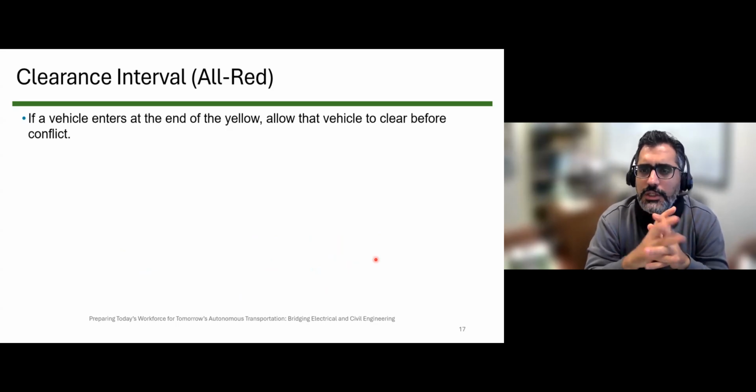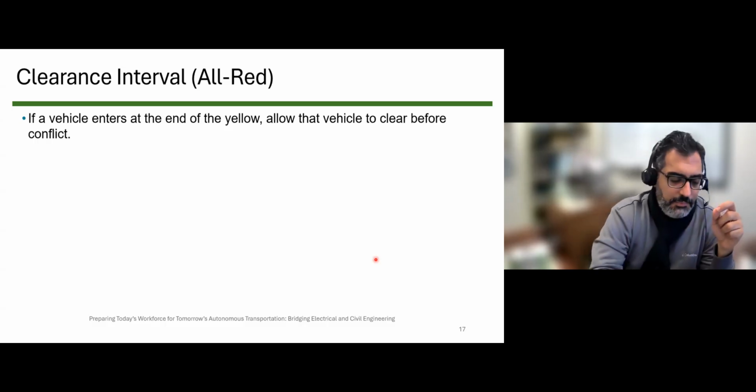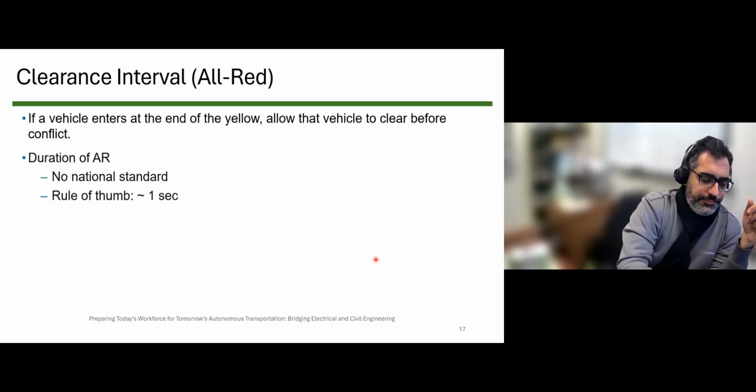There is usually about 1 second when all the traffic signals are showing red. That is not an error in the system. That is actually a very important component of the system. Why is it an important component of the system?